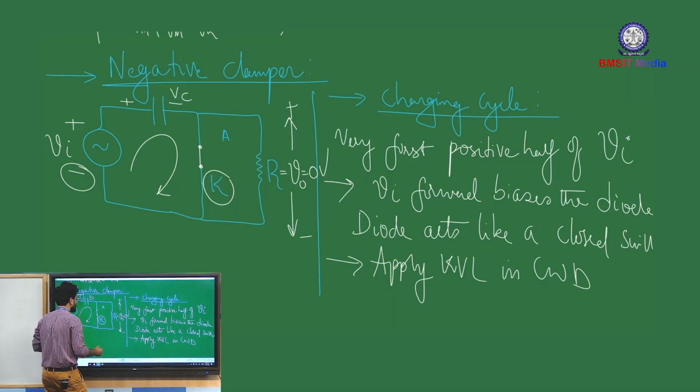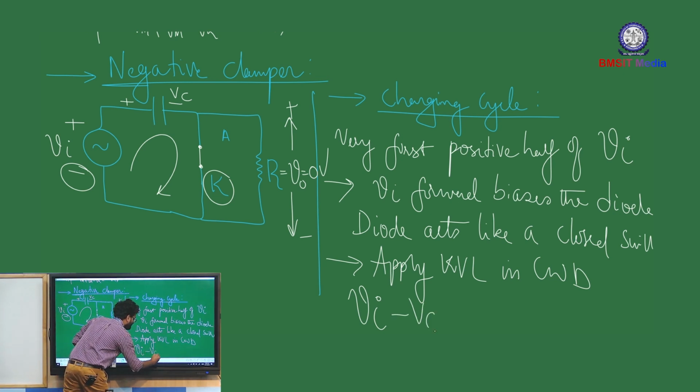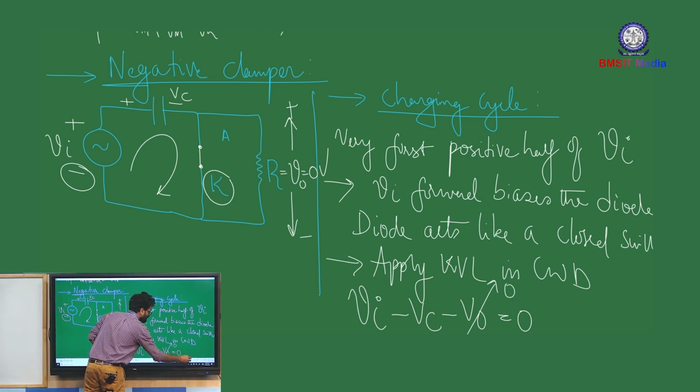In the clockwise direction, when you apply KVL, you will get Vi minus Vc minus V0 is equal to 0, and note that the output voltage is 0.